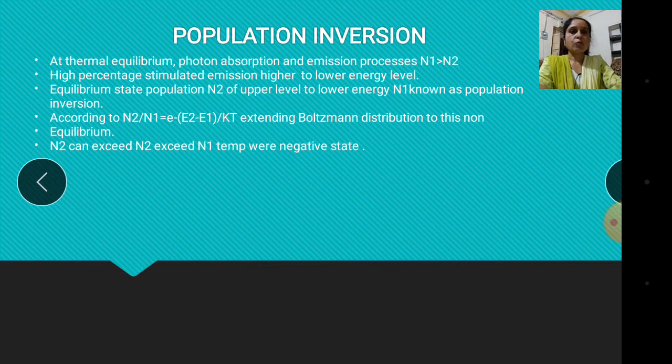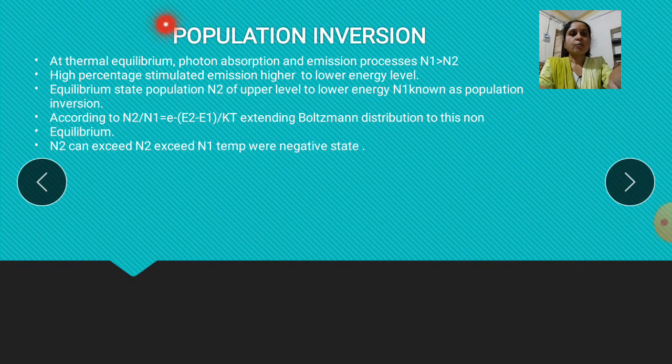Now today we are going to start a new topic, population inversion. In this process, at thermal equilibrium, photon absorption and emission processes take place.